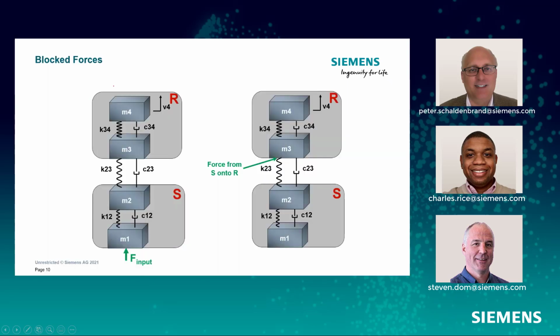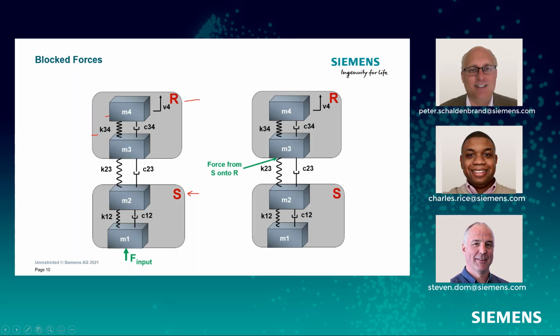So let's start with some more dynamic systems. We all know that if you have masses and springs, you have natural frequencies. I've got 3 springs, 4 masses, so I have a very dynamic system with multiple modes. I have, I guess you could call this with an S here, a source system. In the source system, this might be an electric motor, or could be a steering motor or something like that.